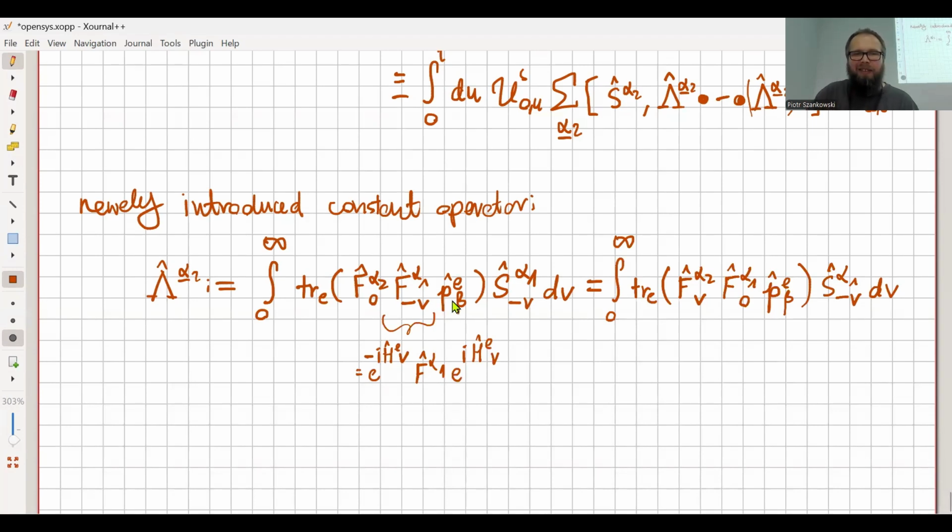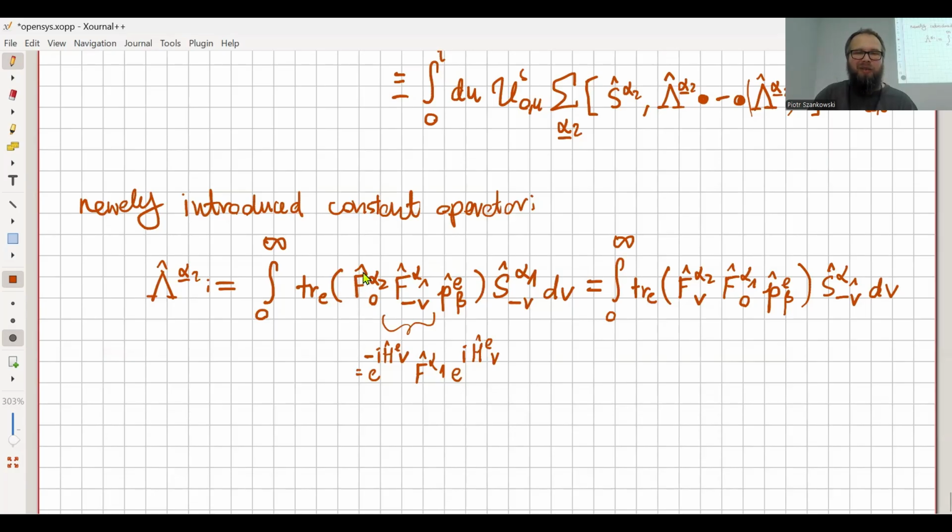And now, because the initial state is a thermal state, it commutes with H_E, with the Hamiltonian, so I can take this evolution operator that I have here, and just move it past the density matrix, then use the cyclic property of the trace to move it back from the left side, right? And then it starts multiplying the first operator, right?